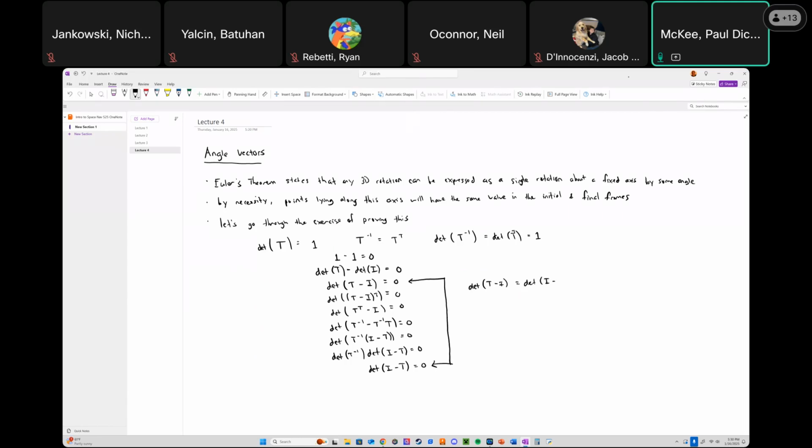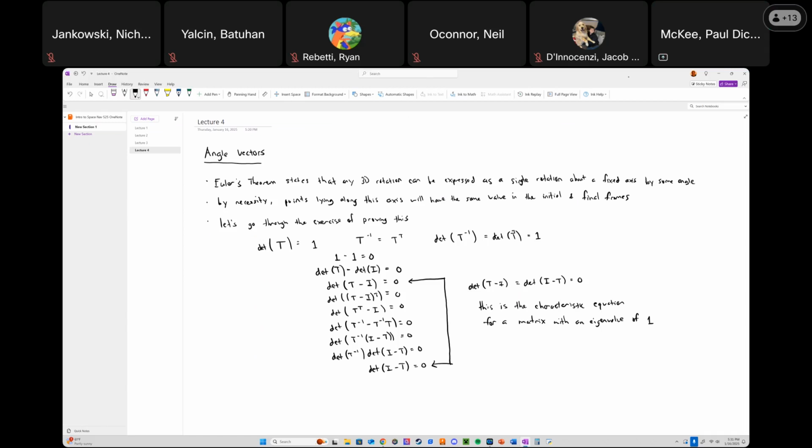And whenever that's true, so the determinant of T minus I equals the determinant of I minus T equals 0, this is the characteristic equation for a matrix with an eigenvalue of 1.